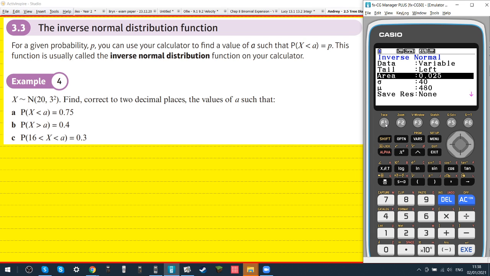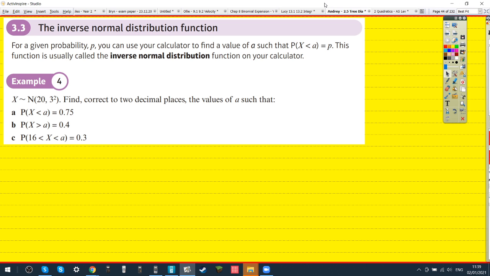And so is that 0.75? Yeah, we want a probability of 0.75. Other two? 3 and 20. Yep. And now I just need to put enter.